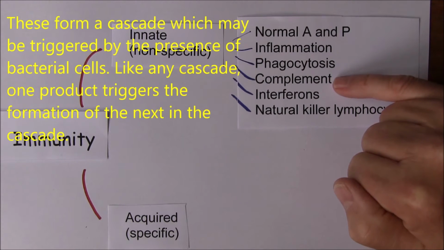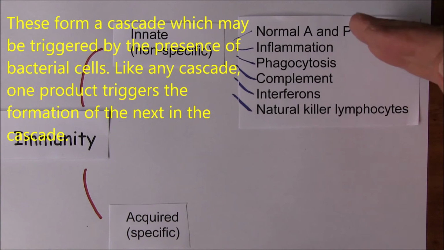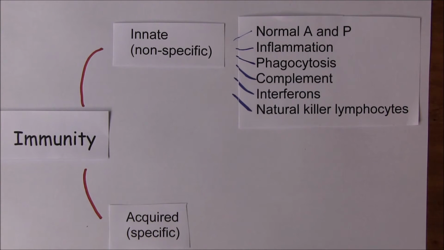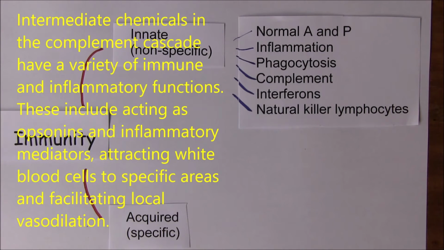So the presence of bacteria will trigger one component of the complement cascade, and that will trigger further components of the complement cascade. And then various proteins in the complement cascade perform specific immunological functions to eradicate the bacterial infection, which has itself triggered the onset of the complement cascade.